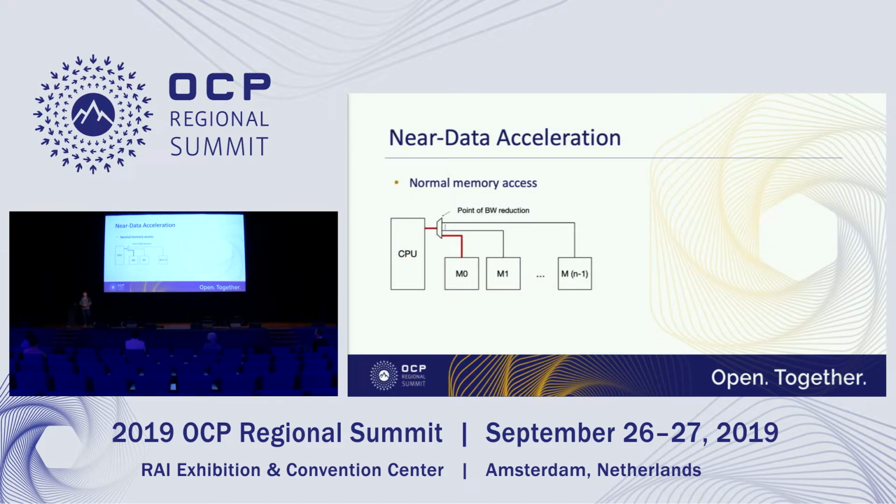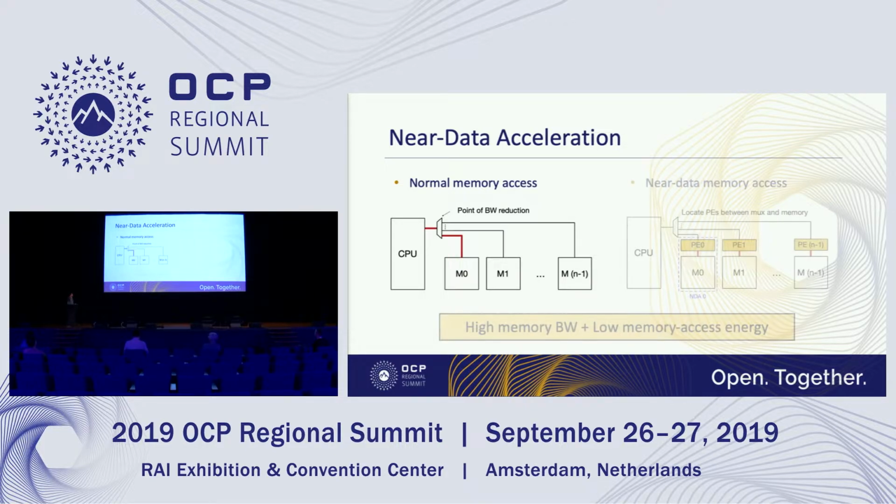For those of you not familiar with the concept of NearData acceleration, I'll give you a brief high-level explanation here. For normal memory access, there are multiple memory units, and among those, one will be selected by the CPU and then accessed by the CPU. But here, there is a point of bandwidth reduction. Especially this happens a lot in the high capacity DRAMs.